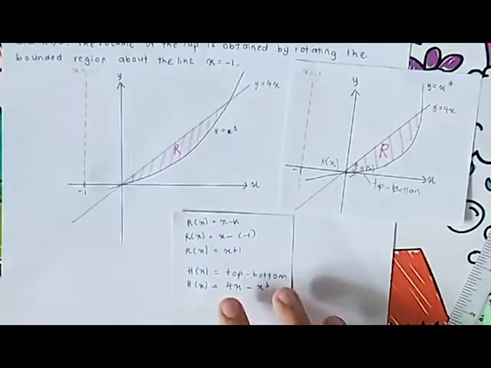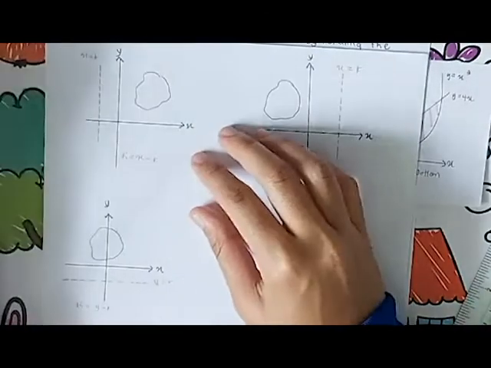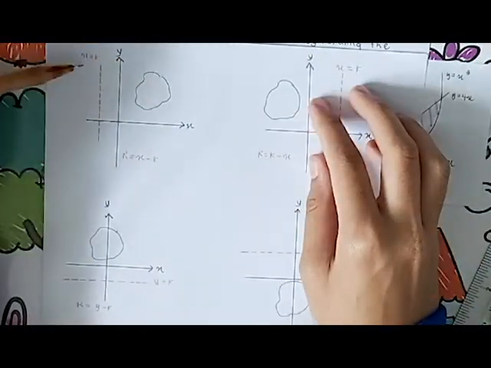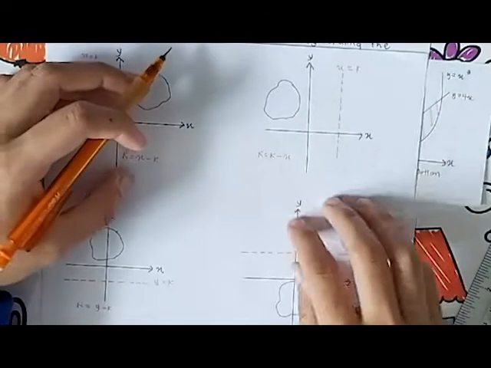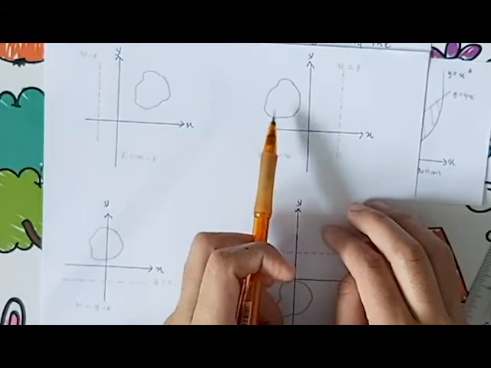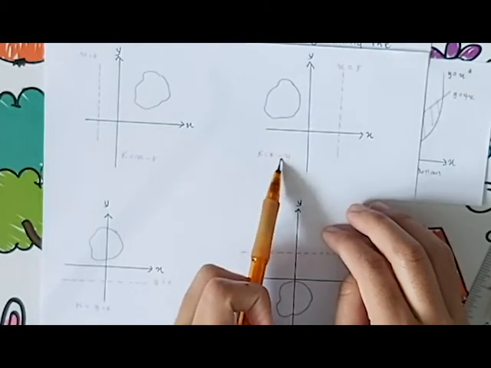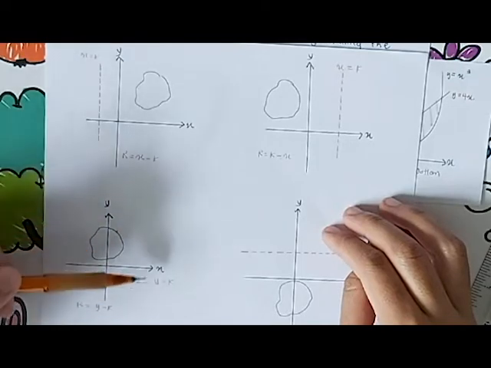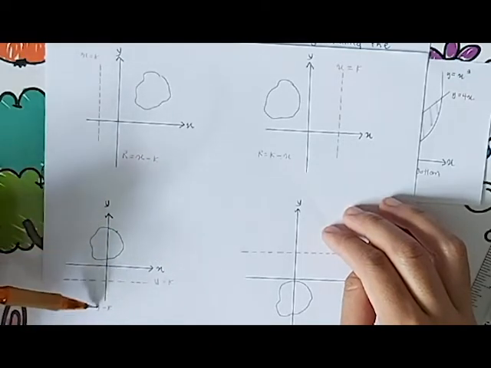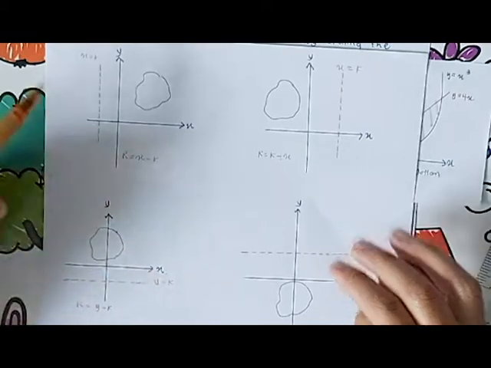So r(x) equals x plus 1. Why is that? It is because when the graph is on the right and k is on the left, x minus k. When the graph is on the left and k is on the right, k minus x. When the graph is upward and k is downward, y minus k.